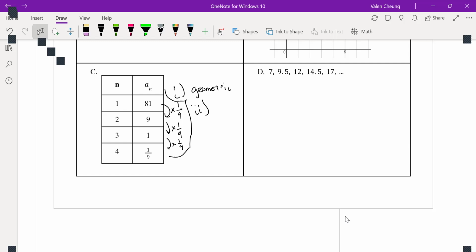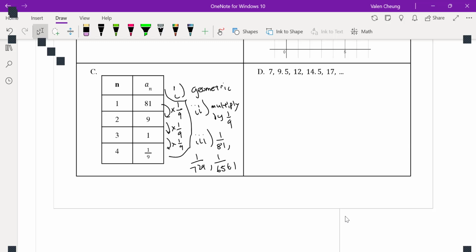Part 2, it's multiply by 1/9. And when you multiply 1/9 times 1/9, you're going to get 1 over 81, 1 over 729, and 1 over 6561.